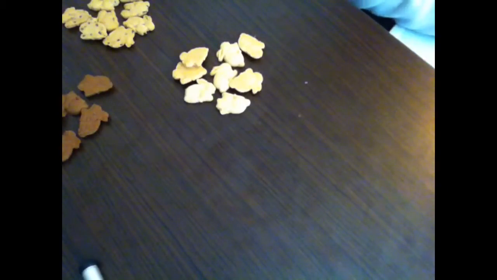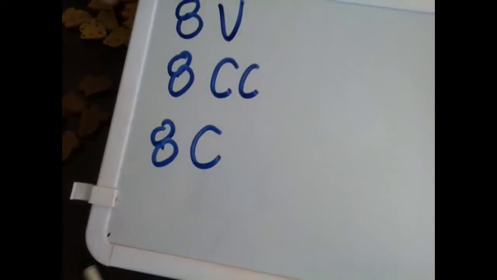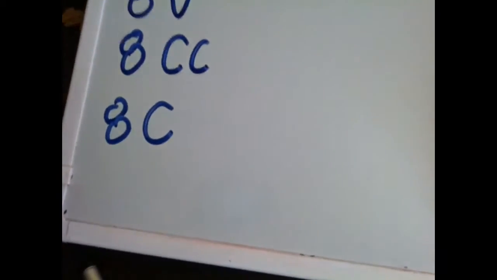So that worked out good because we have equal number of each flavor. So we have 8 vanilla, 8 chocolate chip, and 8 chocolate. I just wrote down the beginning letters for each flavor just to make it easier for us.